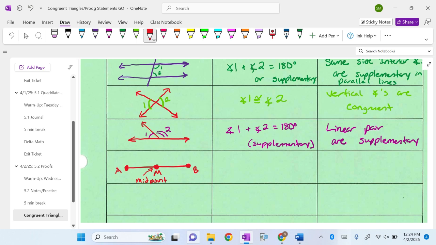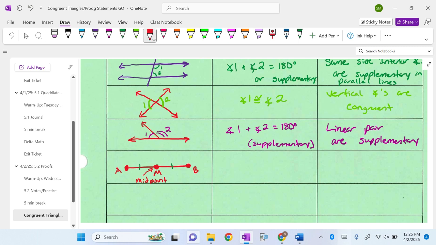It means it does what to the segment? Cuts it in half. It's a point that's halfway through the segment. So that means that this side and this side are congruent.